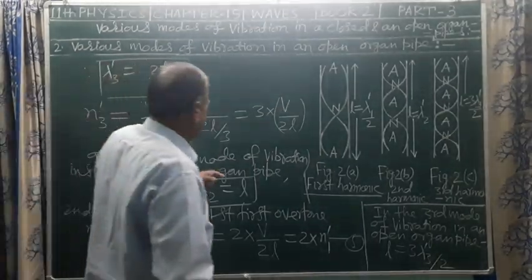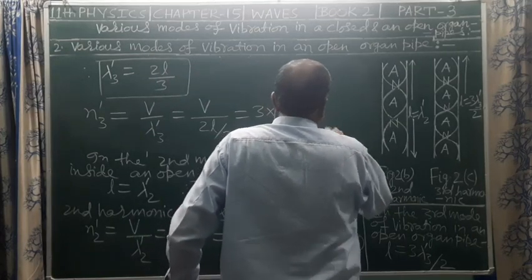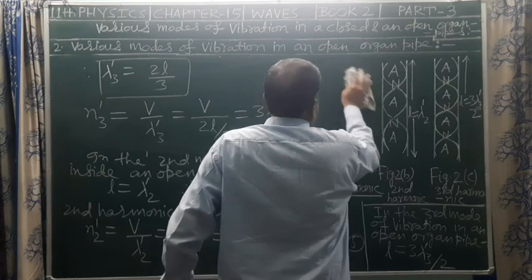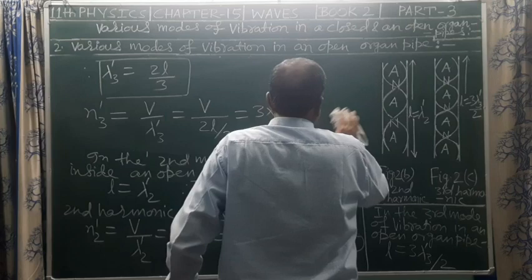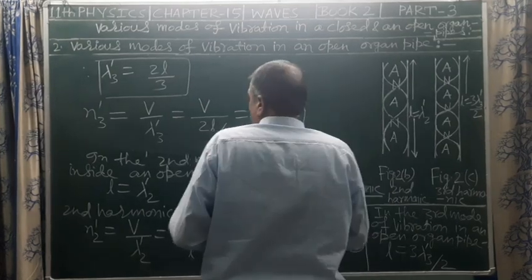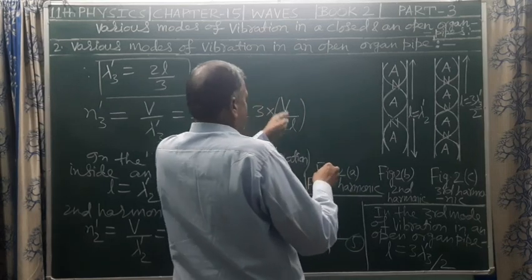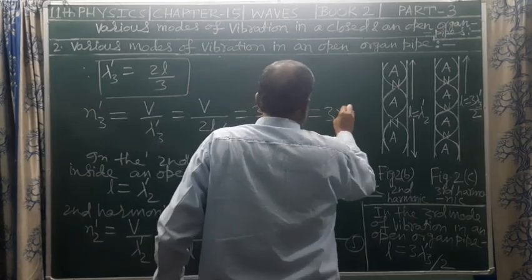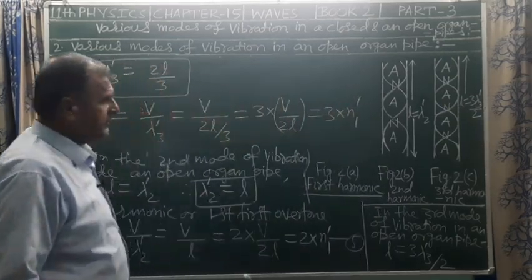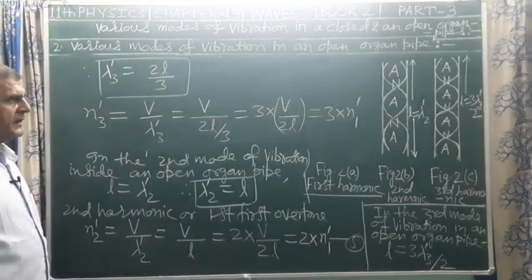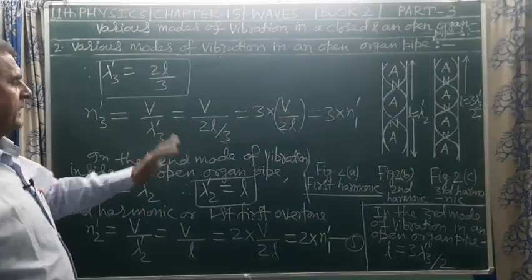So we can write here N3 dash, that is the third harmonic produced in an open organ pipe in the third mode of vibration, or second overtone, N3 dash is equal to 3 into V upon 2L, and V upon 2L is N1 dash using equation number 4, which is the fundamental frequency or first harmonic produced in the first mode of vibration inside an open organ pipe.